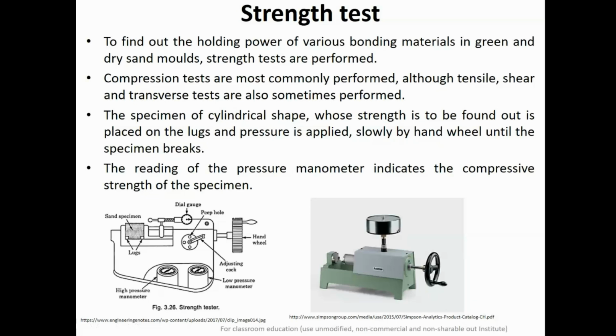So this is the diagram, and these are the two lugs. This one is the movable lug, and this is the fixed lug, and you control the movement of the movable lug with the help of this hand wheel, and so the compressive strength can easily be calculated by measuring the deflection in the pressure manometer.